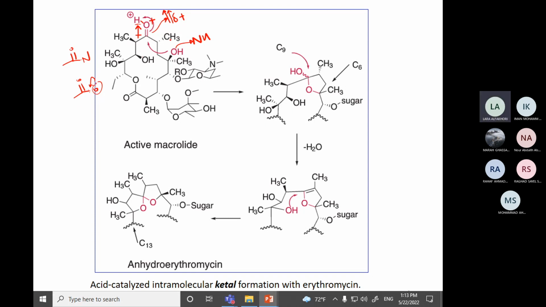So what will happen simply is that oxygen, one of its lone pairs, will attack the carbonyl carbon. Let's number them so that when we look at the intermediate we know exactly what bonds were broken and what bonds were formed. Let's number these 1, 2, 3, 4. Okay, so this is 1, 2, 3, and 4. That's the carbon that had the double bond.